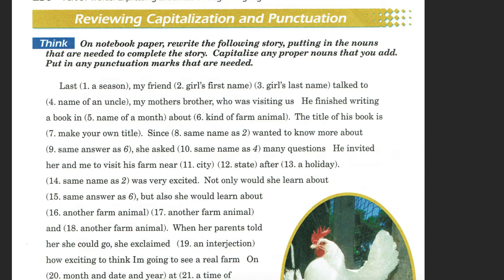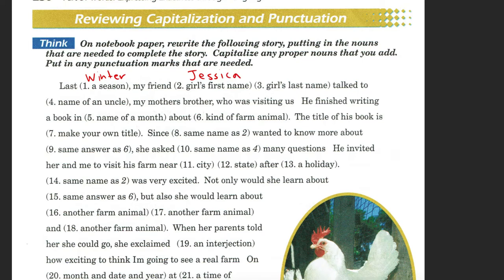So last, and then you have to pick a name of the season. So in this case, let's just do winter. Okay, so winter. Last winter, my friend, girl's first name, I'll just say Jessica, and the girl's last name.